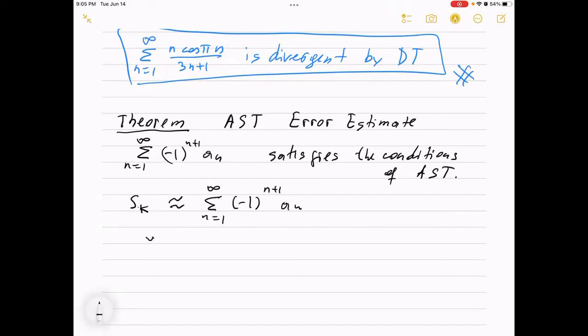And we claim the magnitude of the error, E_k, is going to be less than the next missing term, less than a_(k+1). And that's the alternating series test error estimate.